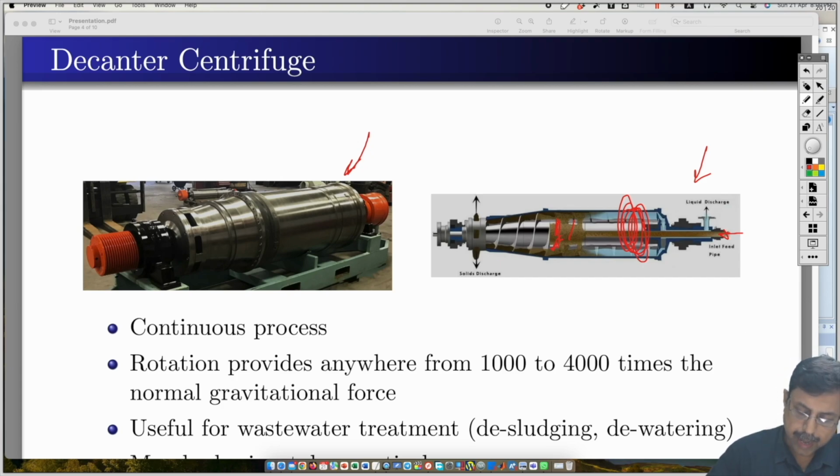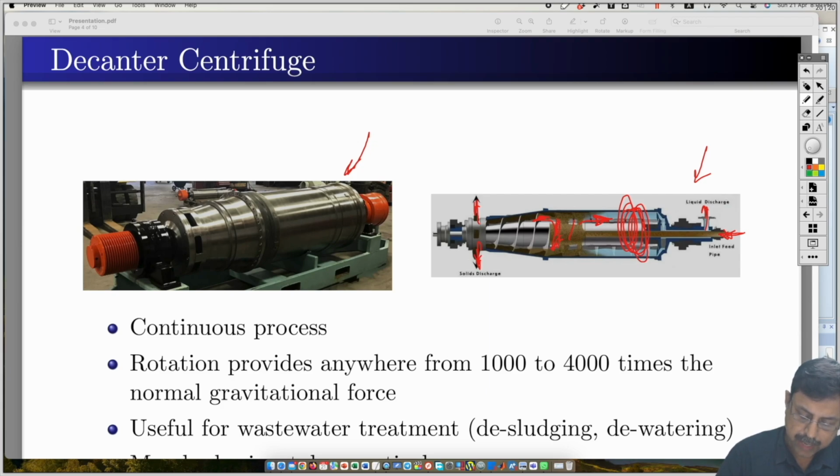As this rotates, the liquid portion goes to the right hand side and the solid goes to the left hand side, and this is the solid discharge point. Okay, and it is a continuous process. That means continuously the feed goes in, the liquid gets discharged, and solid gets discharged at this end.